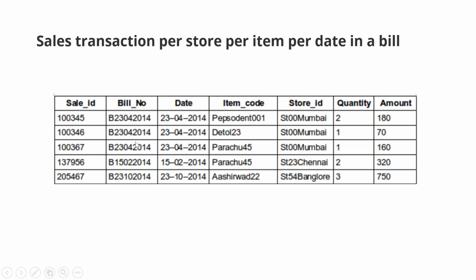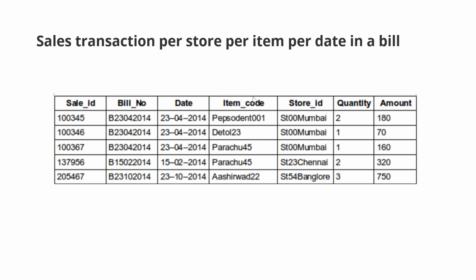Now, if I want to say what is the grain of this particular table, we can say it's a sales transaction per store, per item, per date in a bill. So this is called a grain. Grain is just like a single sentence representation that can tell a table's data loading part. It's briefing the entire fact table.